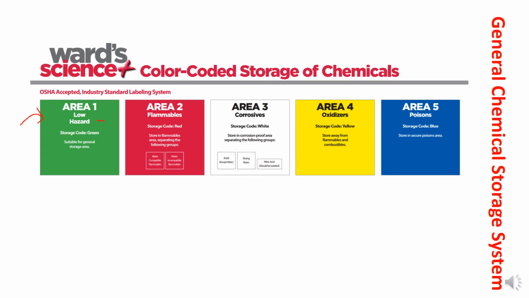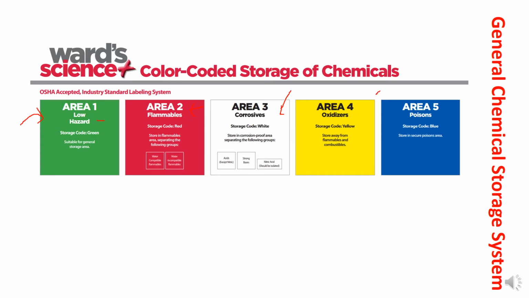The flammable chemicals or liquids you can store in area number 2, shown in red. Corrosive chemicals you can group into the third area, with white codes.